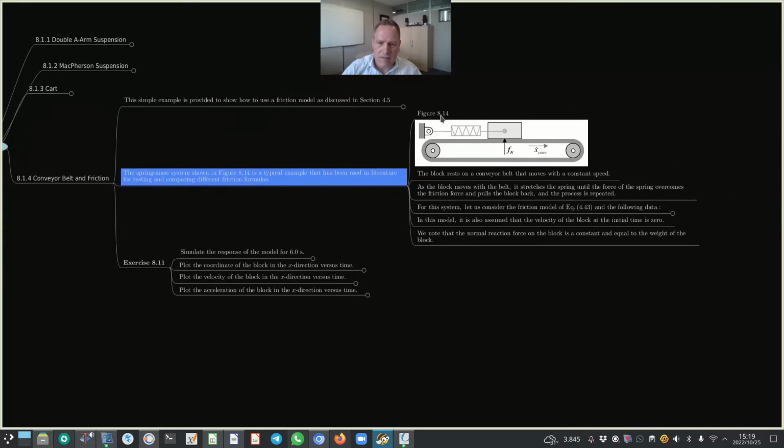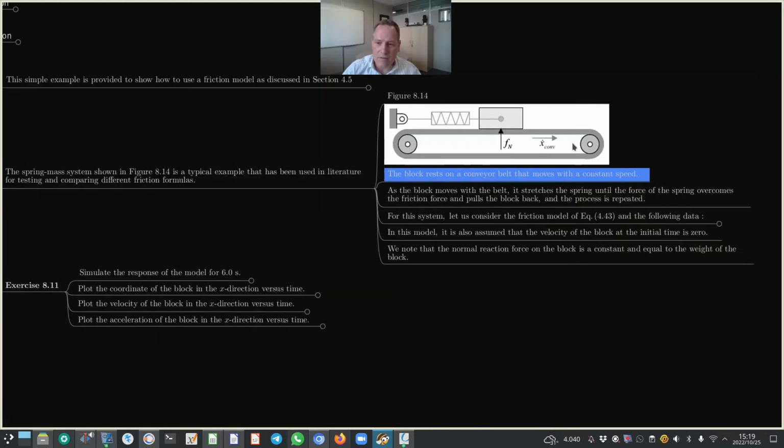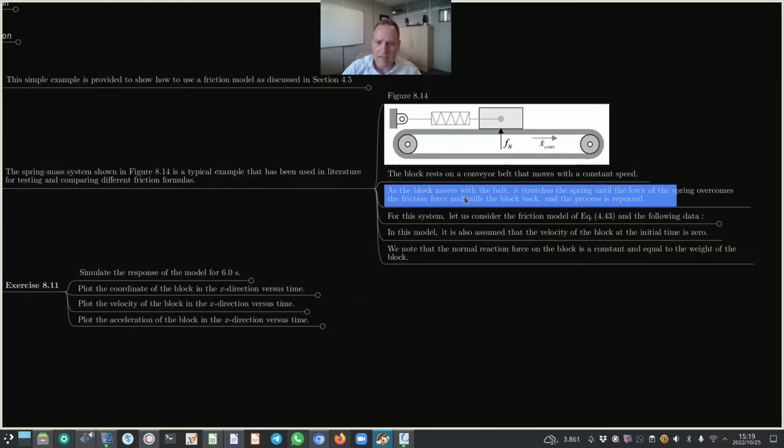The block, just to explain figure 8.14, rests on a conveyor belt that moves at a constant speed. As the block moves with the belt, it stretches the spring until the force of the spring overcomes the friction force and pulls the block back, and the process is then repeated.